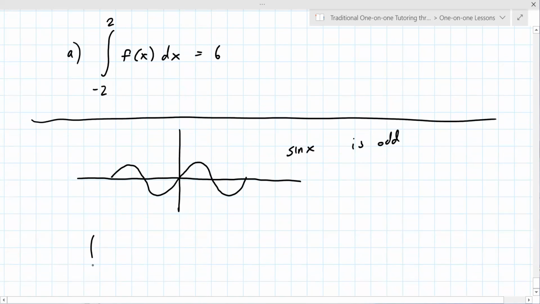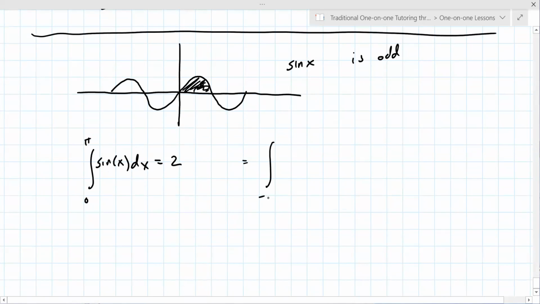So if I tell you the integral from 0 to pi of sine x dx equals 2, and that's this region right here, you can immediately tell me that the integral from minus pi to 0 of sine x dx is -2. Now, based on that, this is slightly new, what's the integral from 0 to 2 pi of sine x dx?